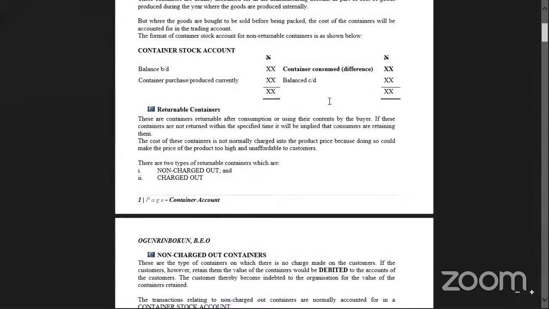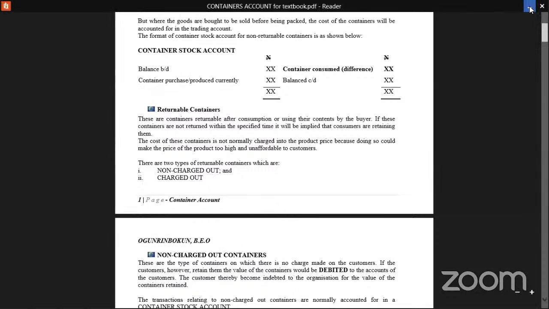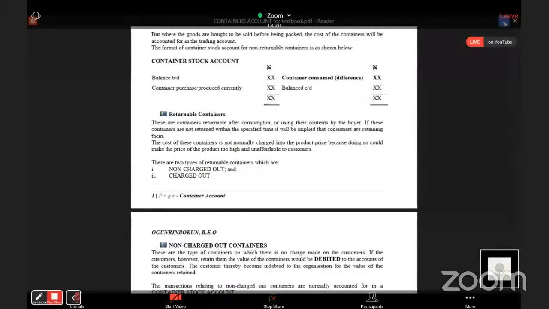So in that case, a non-returnable container will actually be accounted for. What you have seen here is just a simple analogy. You might not need to write, so that you get to see what we are looking at.